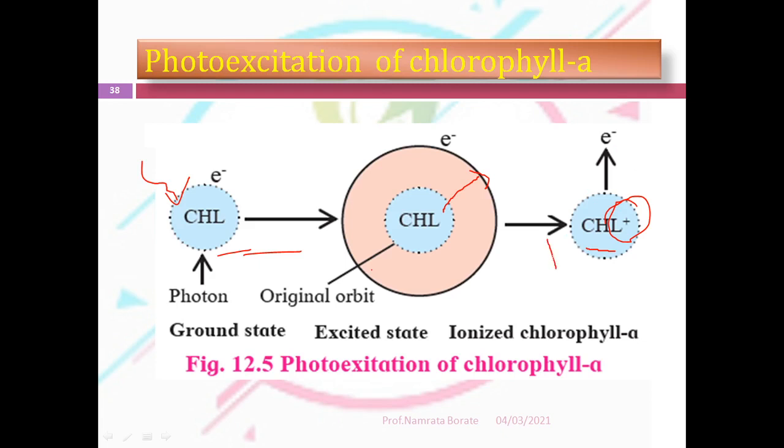This light energy is converted into the chemical form of energy by synthesizing the ATP molecule when the electron tries to come back into the ground state. So this chlorophyll A is called the essential pigment.